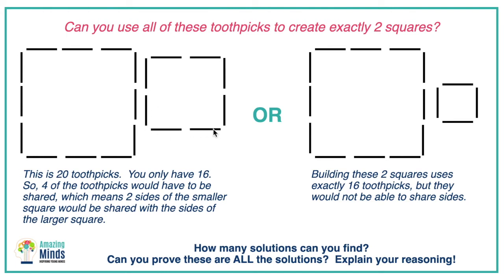And 4 toothpicks would be 2 of these sides would be shared. So that's one option. Another option would be to build these 2 squares. That would take exactly 16 toothpicks, so they would not be able to share sides. So now you have some options. Let's see if any of those options can transform into solutions.